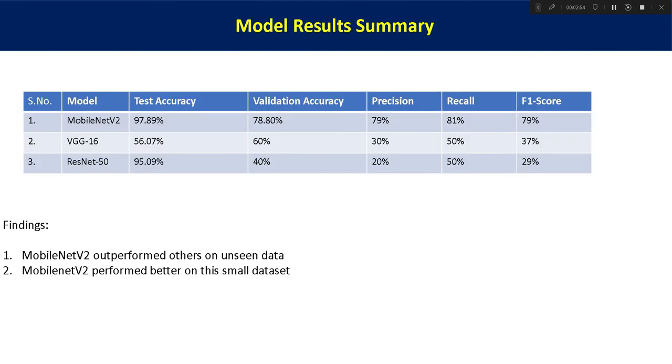Now comes the model result summary. We have already performed the evaluation of three pre-trained networks, that is MobileNet V2, VGG16, and ResNet 50. These models are pre-trained in the sense that they are trained on the ImageNet dataset, the largest dataset with hundreds of categories, classes in it.